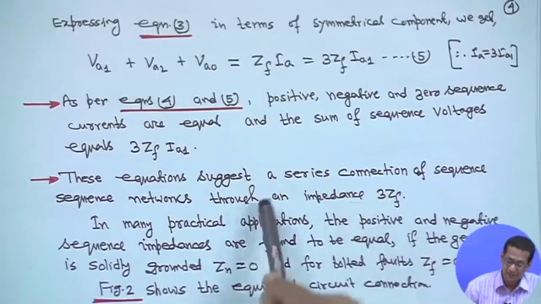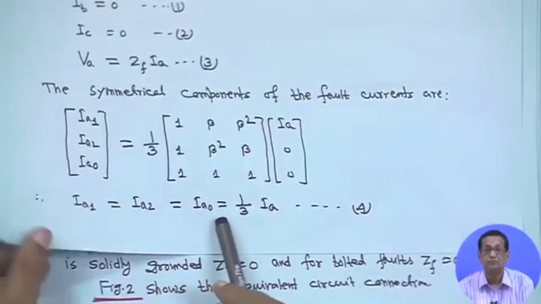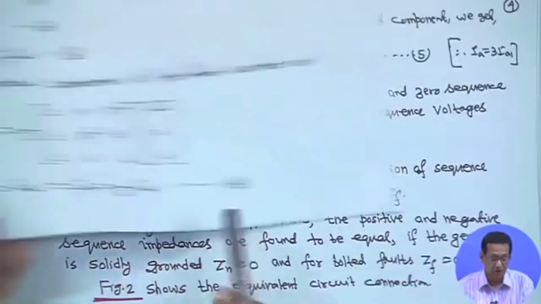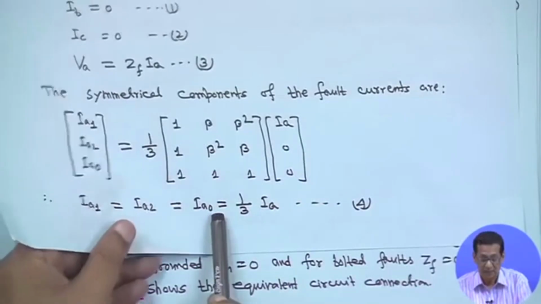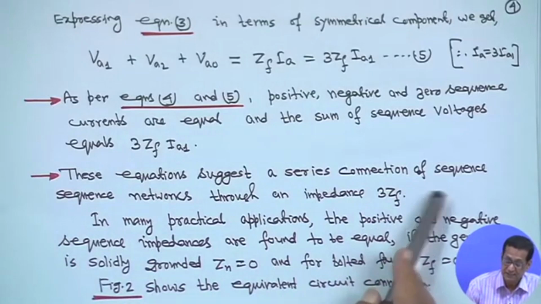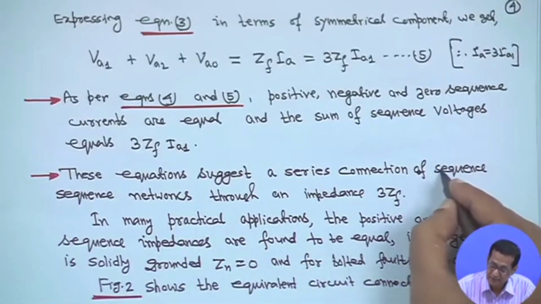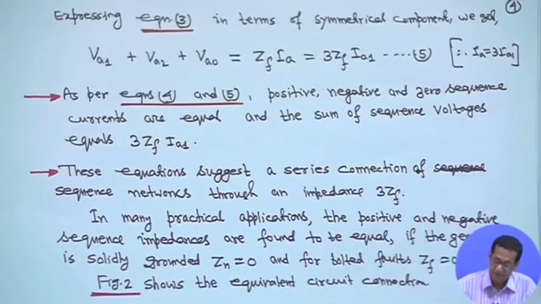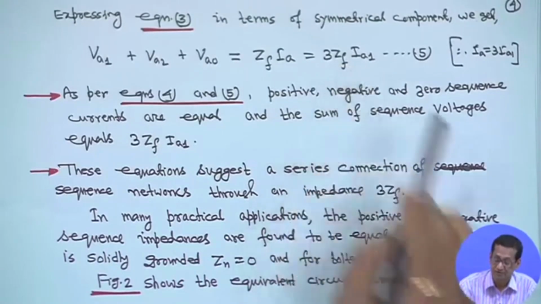So this equation, particularly equation 4, suggests, because all your sequence currents are equal, a series connection of the sequence networks through an impedance 3 ZF, because it is 3 ZF into IA1.